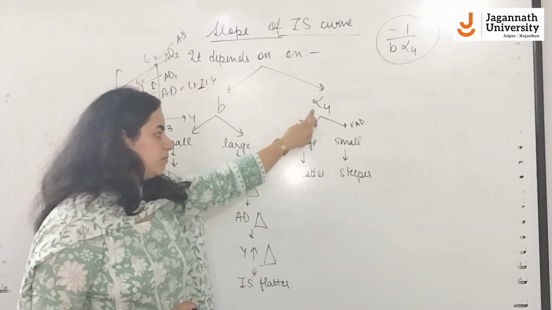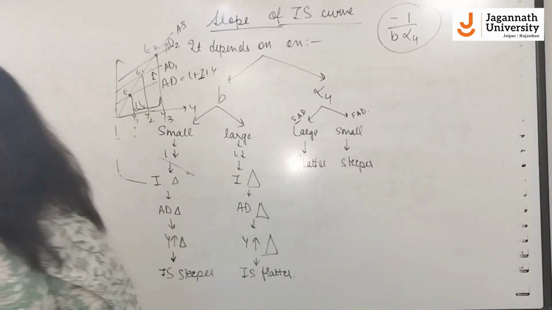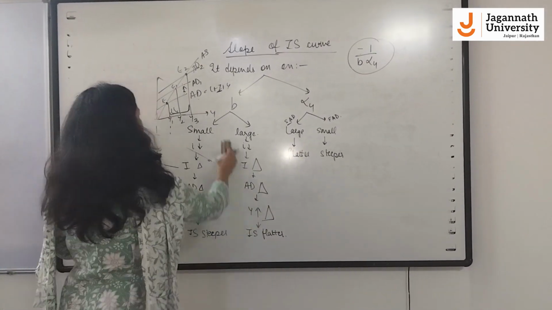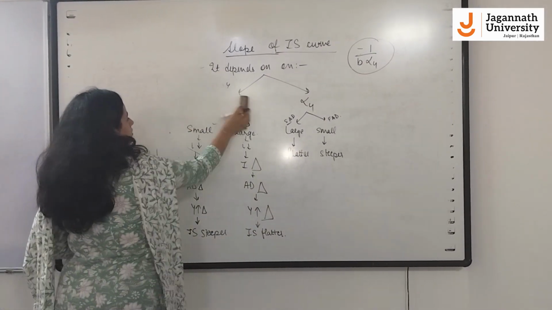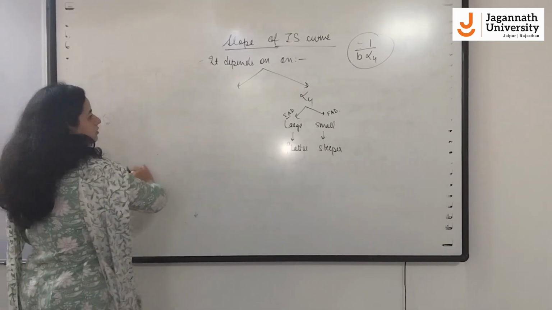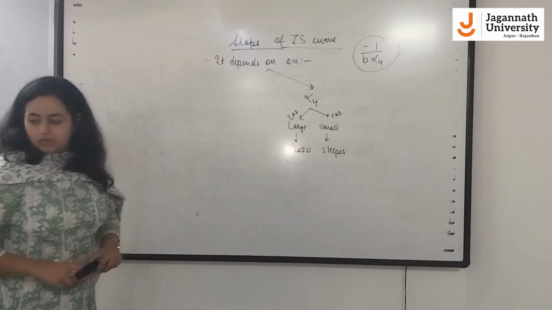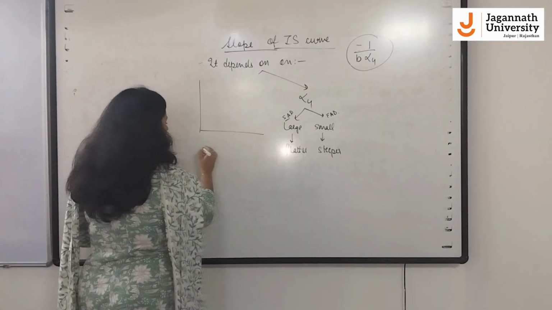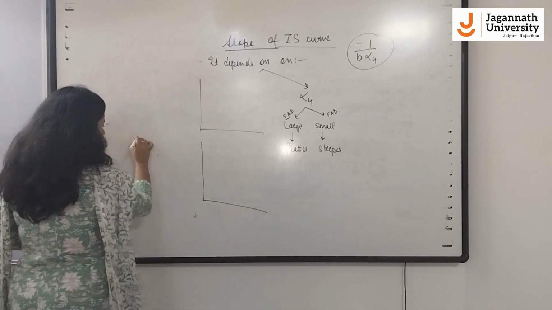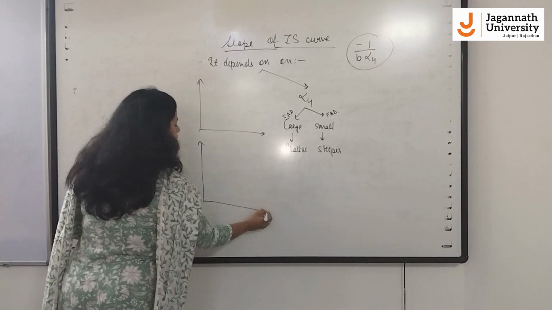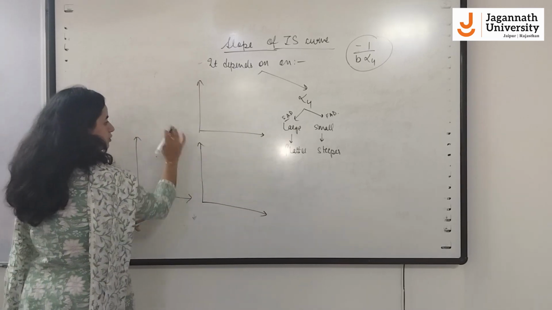If the government multiplier is small or large, what will happen? Again I am going to take a diagram to explain this. I am going back to that derivation diagram only, and I will be drawing two different cases on the same planes for you.